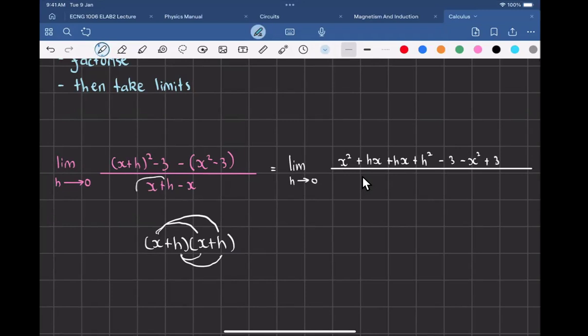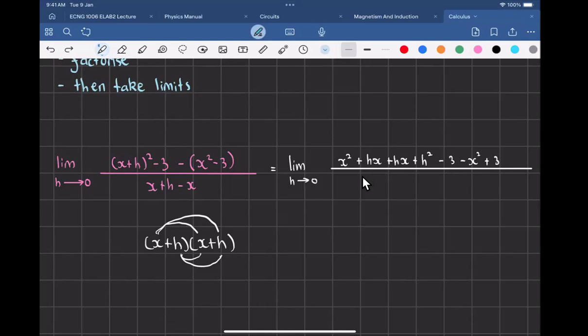And in the bottom now, can you see anything you can simplify? We have x plus h minus x. The two x's combine to be... wait a minute.